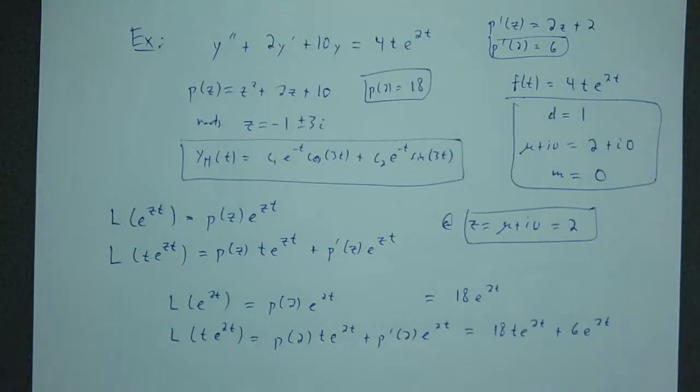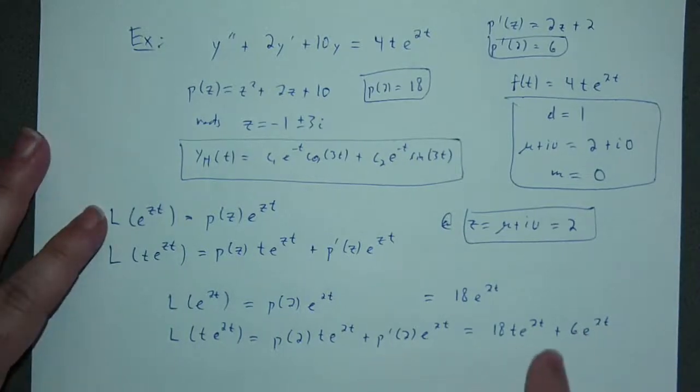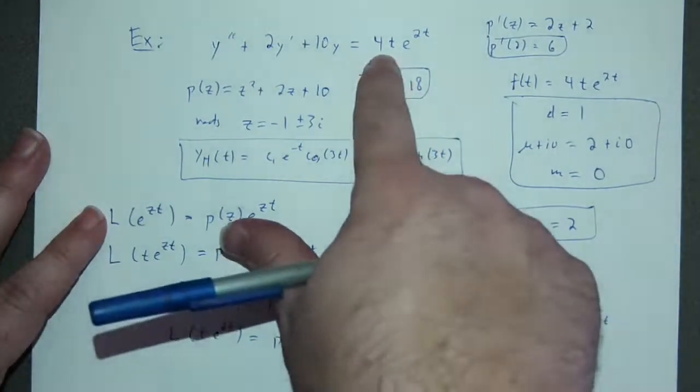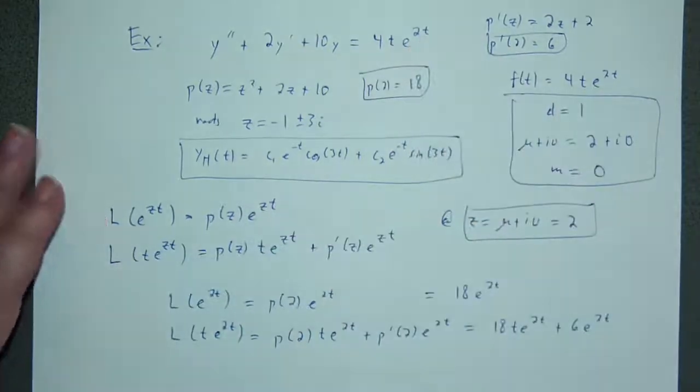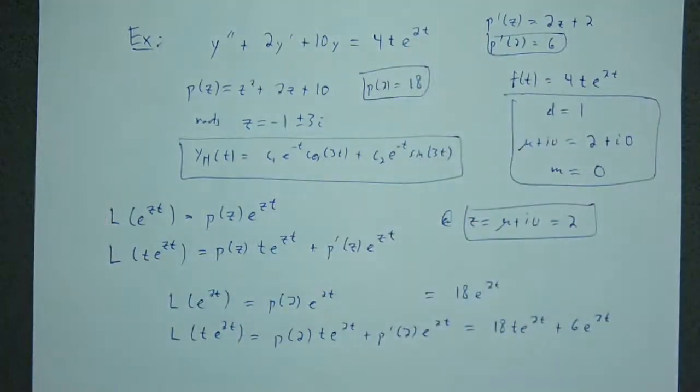Now we get to see another example. So what do I want on the right-hand side here? I want 4t e to the 2t, right? The idea is to isolate something that looks like 4t e to the 2t on this side. So here's t e to the 2t. I don't want 18 here. I want that to be a 4. And I don't want this 6 e to the 2t to exist, right?